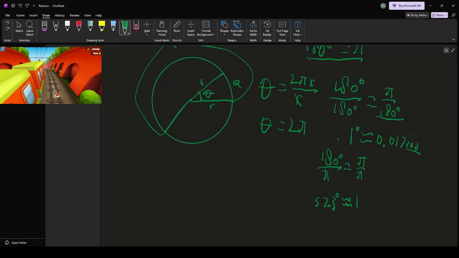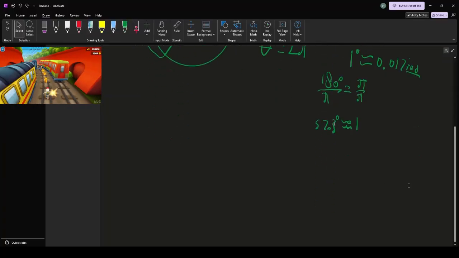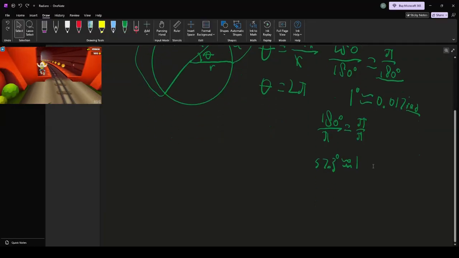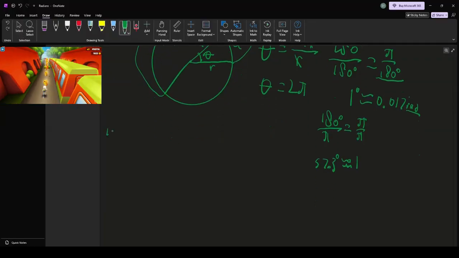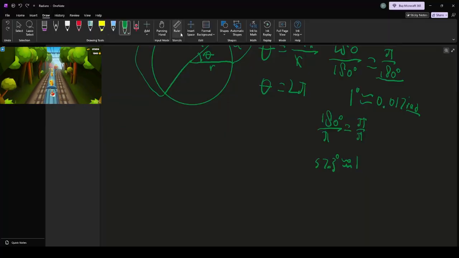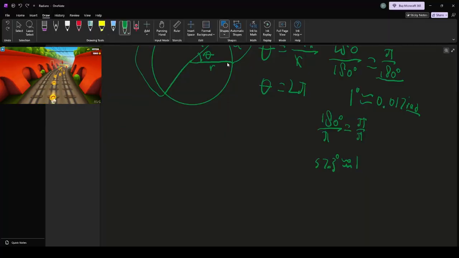Shoot, that looks kind of ugly. Let's try and write it a little better. Maybe I make a little box or something.